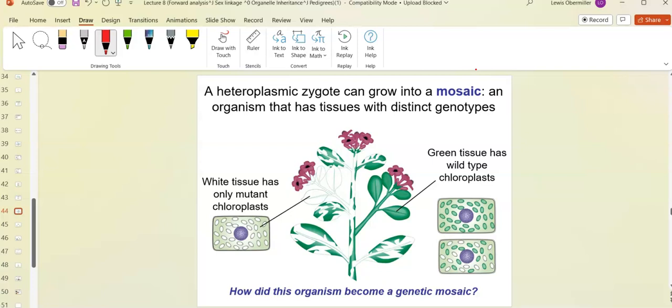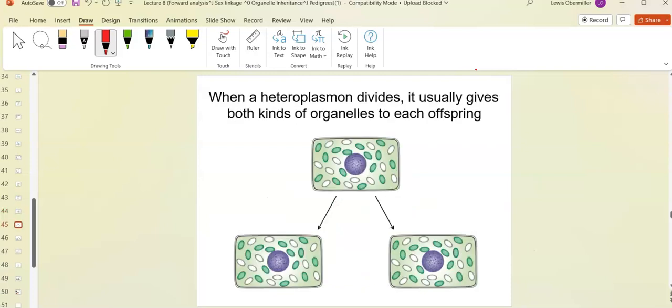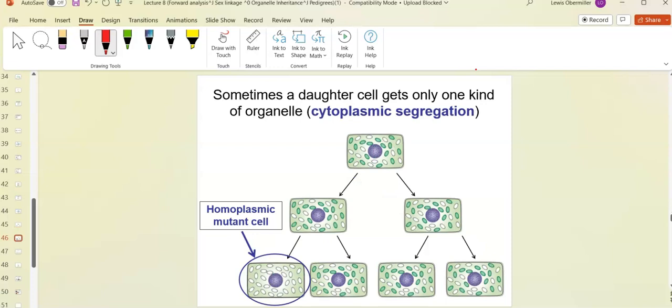Remember, these cells are going to make new cells, and when they do, you can't make chloroplasts from nothing. So these are going to get divided in a certain way. It could happen that once you go through this cell division, maybe this is how the chloroplasts line up for this particular cell division, and so only white ones get passed on, and then the other cell gets a mixture.